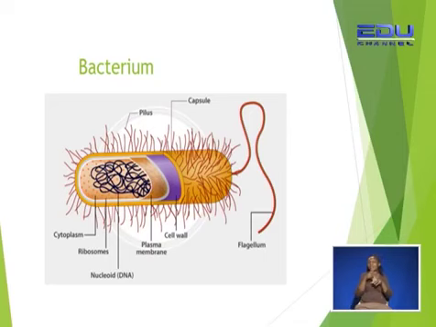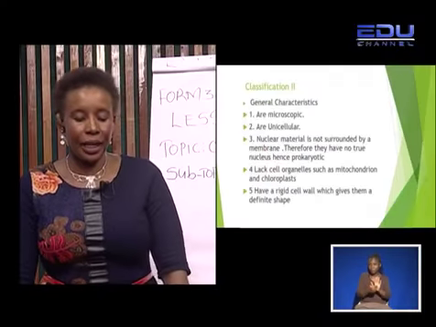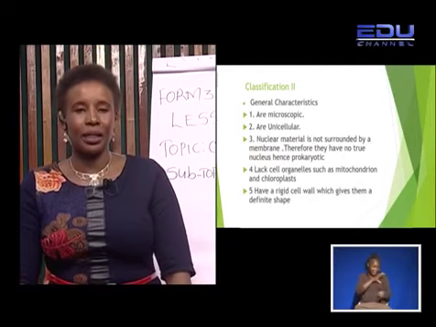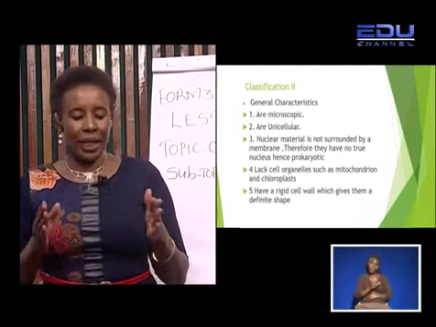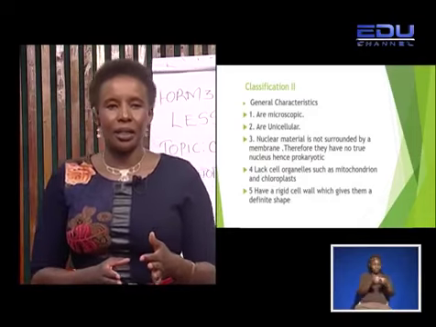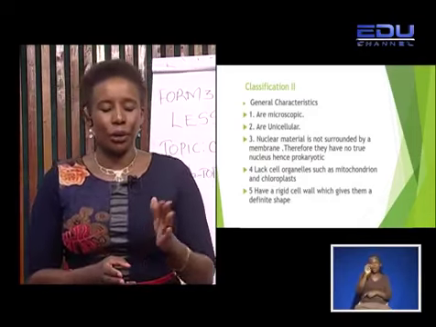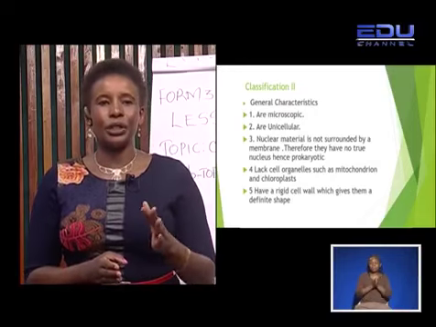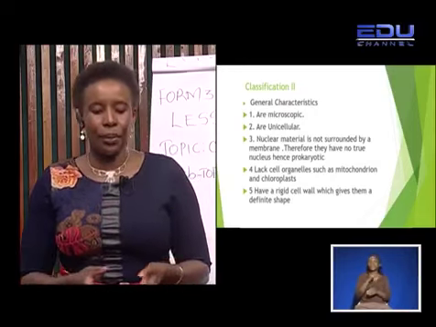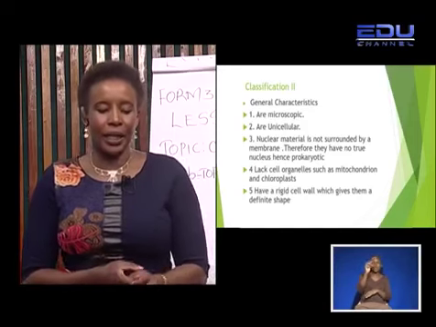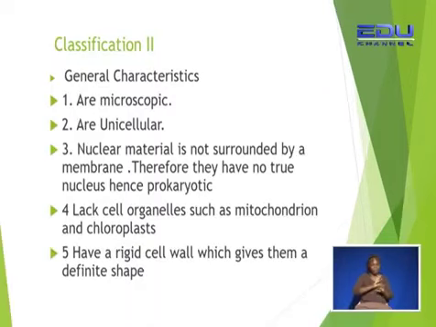For example, we have different characteristics of these organisms, which enable us to classify it in Kingdom Monera, and not in Kingdom Plantae or Kingdom Animalia. So one of the characteristics is that these organisms are microscopic, meaning we cannot see them with our naked eyes. They can only be seen by the use of an instrument known as a microscope.